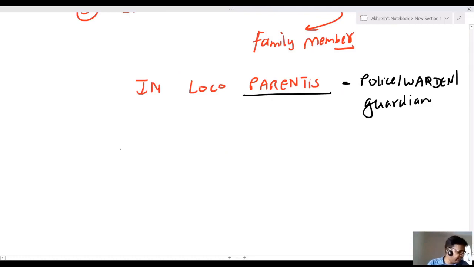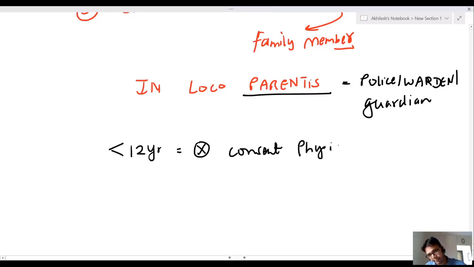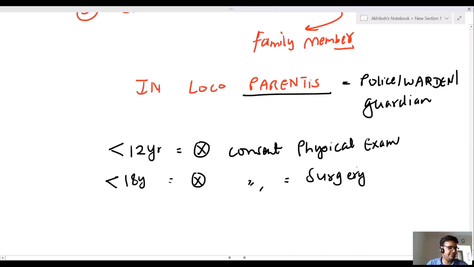Now, sir, a very important MCQ comes. A child below 12 years of age cannot give consent for physical examination. A person below 18 years of age cannot give consent for any surgery or invasive procedure.